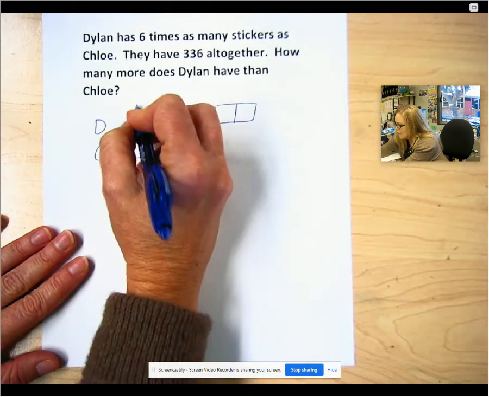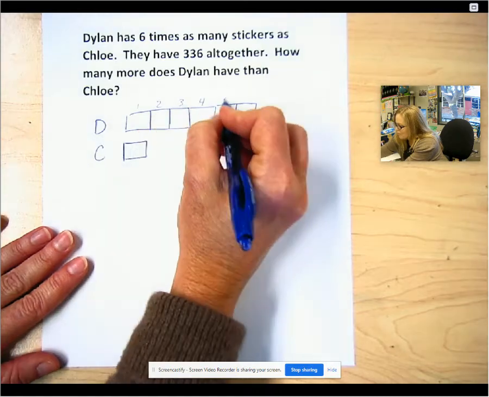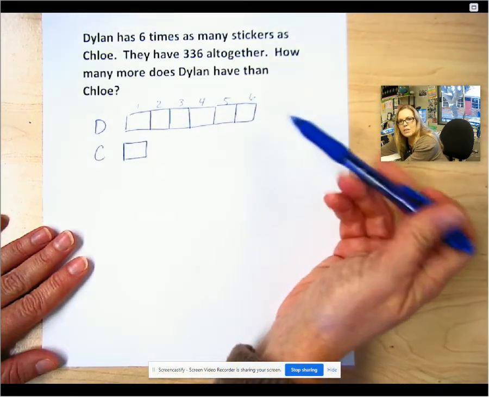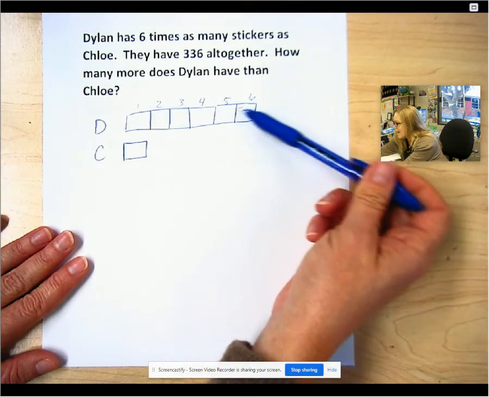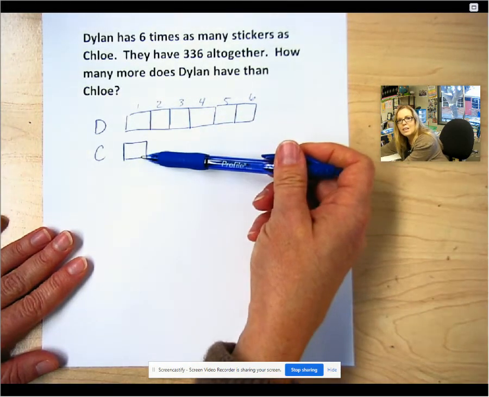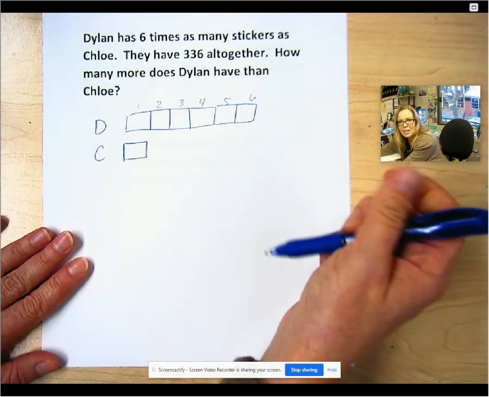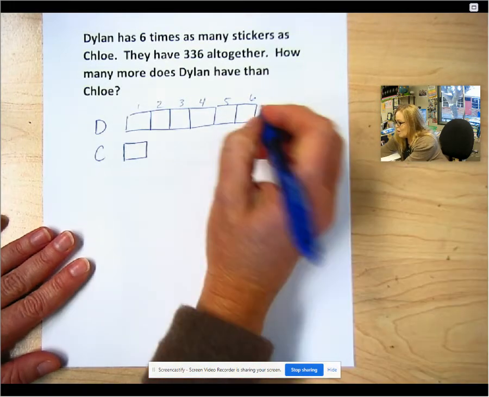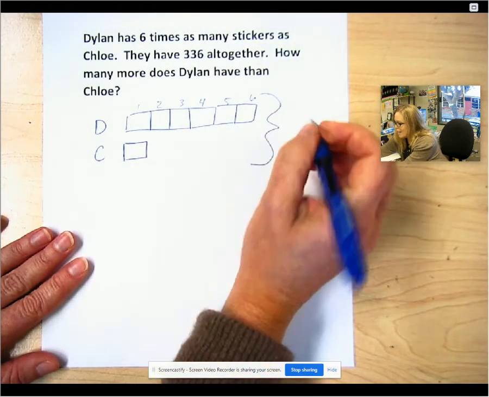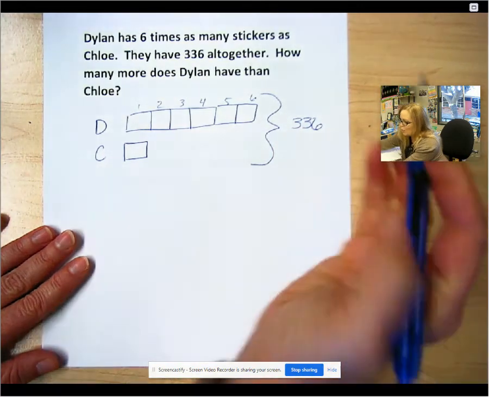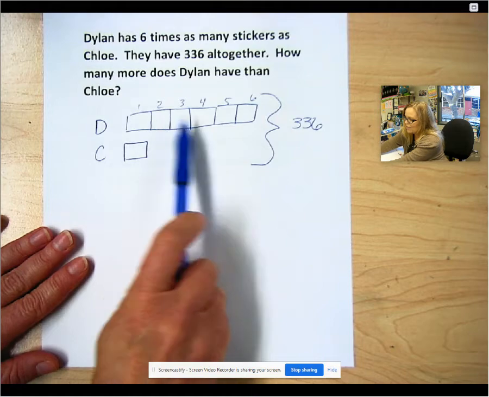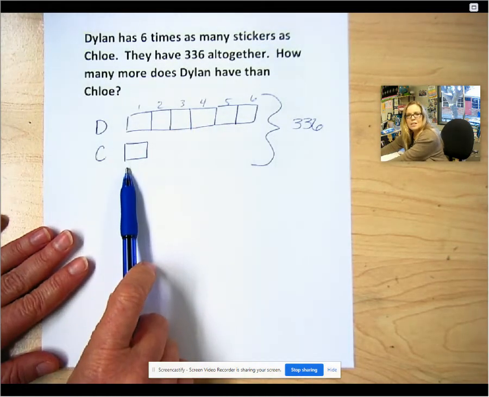So 6 parts altogether, right? So does my model now match what's being said? 6 times as many as Chloe. Okay, that's information we need. We also know that altogether they have 336. So how many more does Dylan have than Chloe?